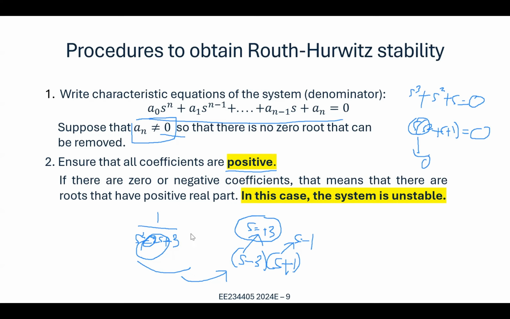So that's one characterization that we can look at. If there is a zero or negative coefficient, it means that there are roots that have positive real part, and we can just say that the system is unstable, or we can rule out the stability of the system. That would be the second procedure: just try to look at the coefficients.